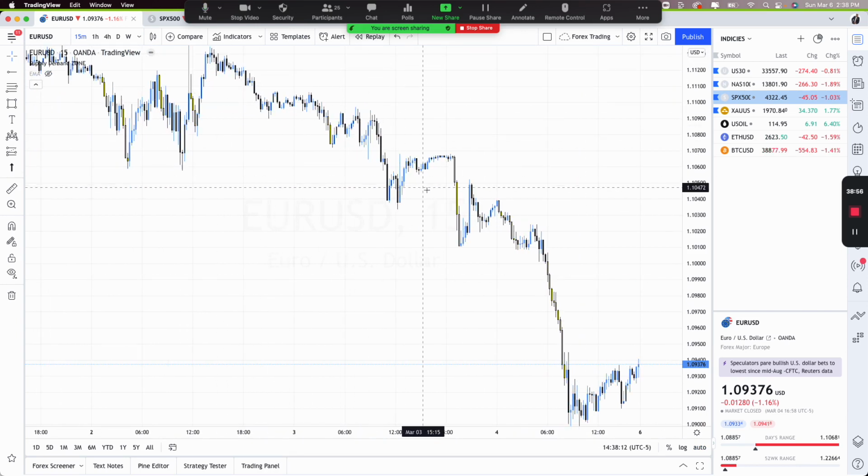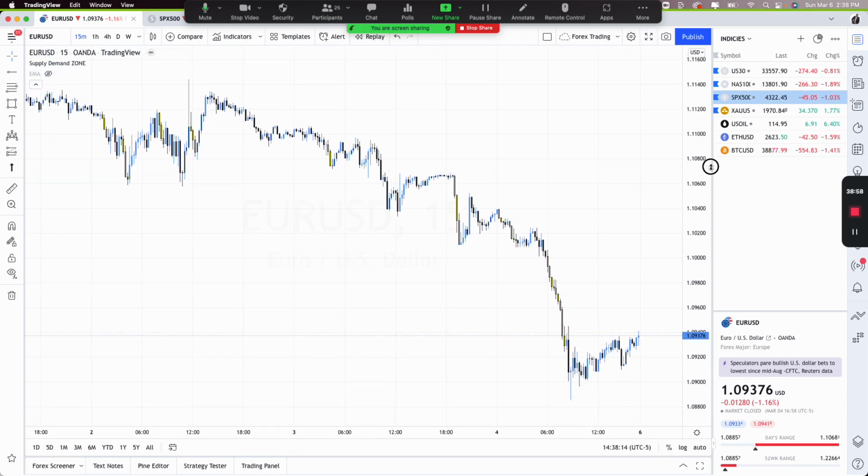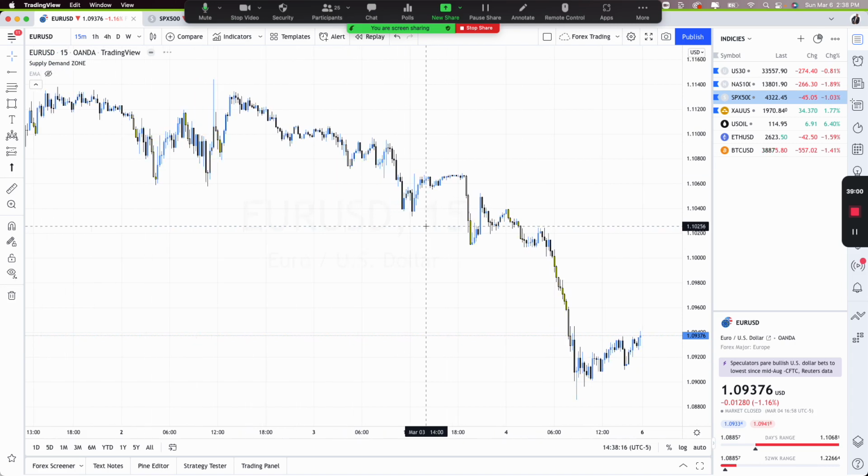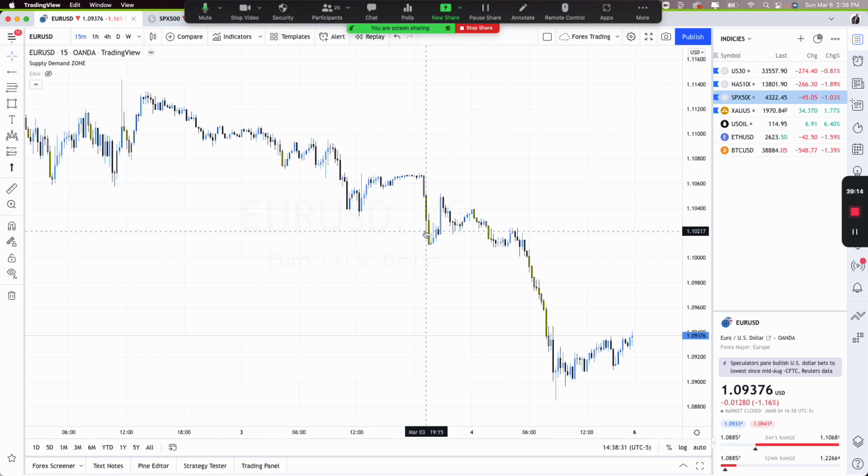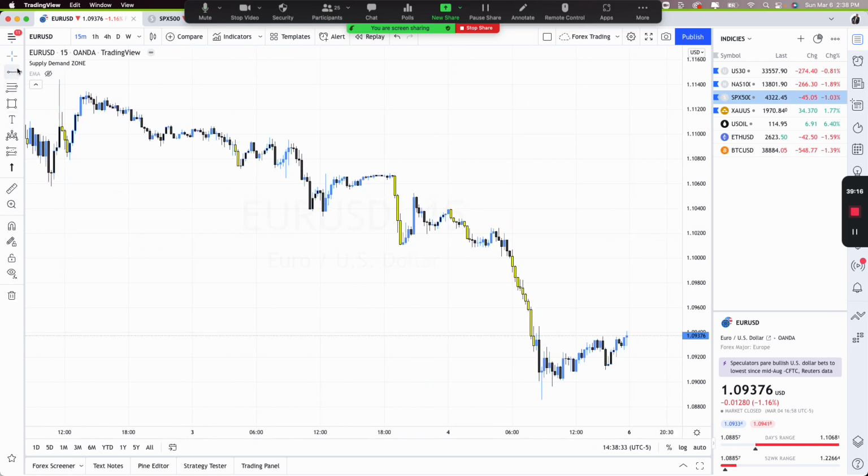Downtrend. So what should you be looking for if you're in a downtrend? What type of orders? Puts, sales, exactly. So in this case, support and resistance. You're not looking for supply and demand in HFX because you don't have that much time.